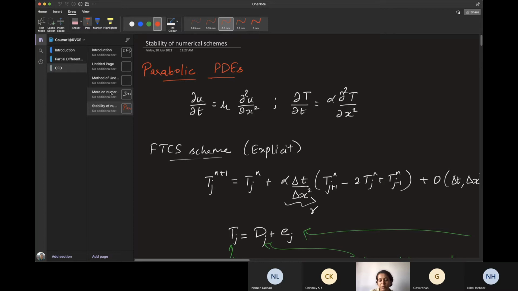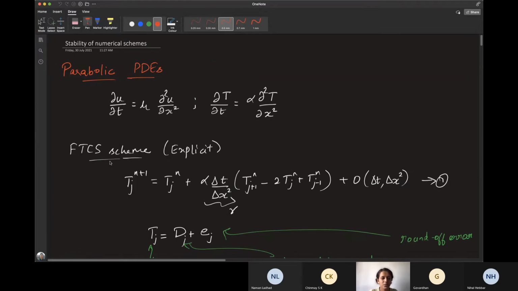Using that method, you are not only getting consistent numerical schemes, but you are getting them of the specific order of accuracy that you require. That way accuracy and consistency are quite okay. Are there any doubts in that? No, ma'am. Okay, fine. So let's go with stability now.